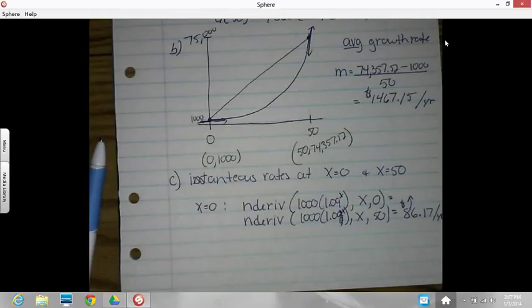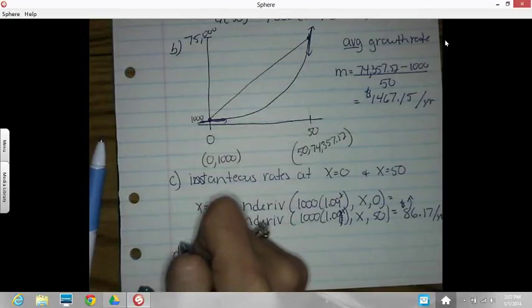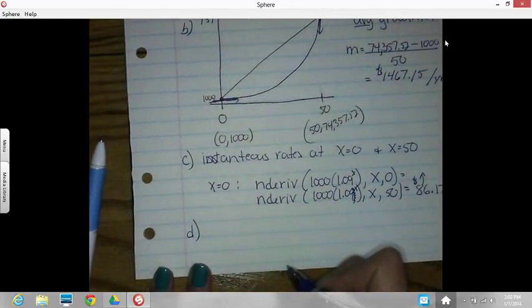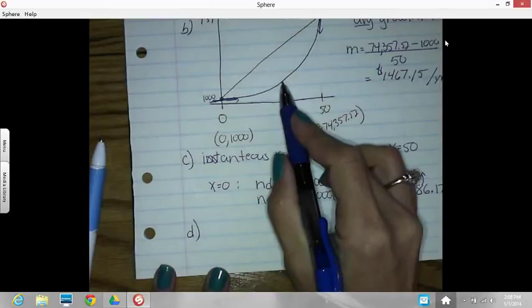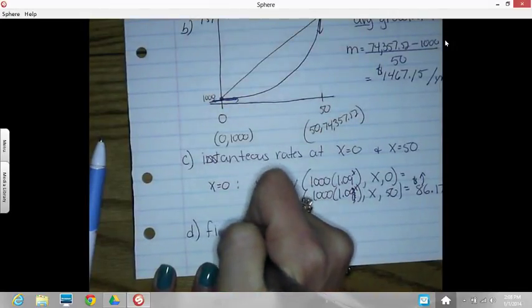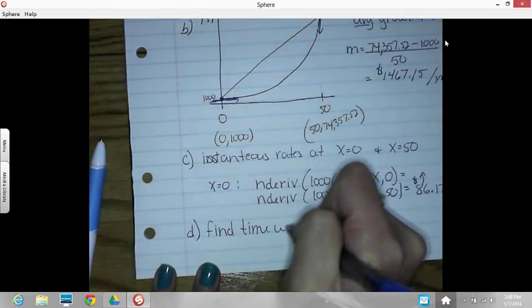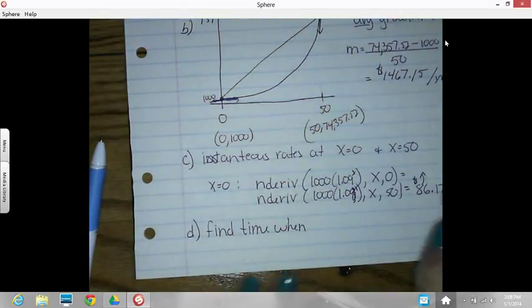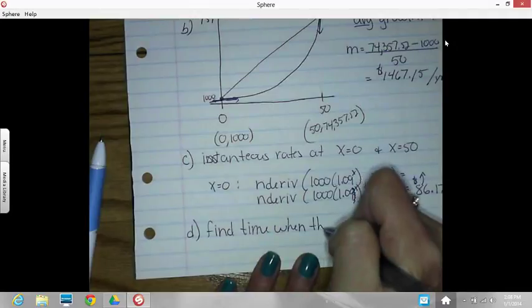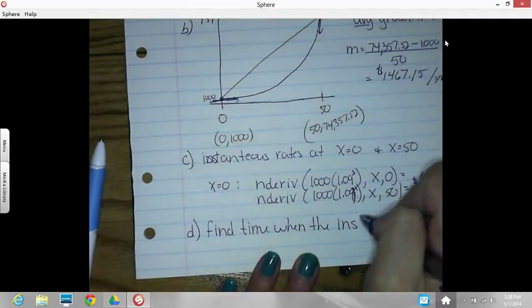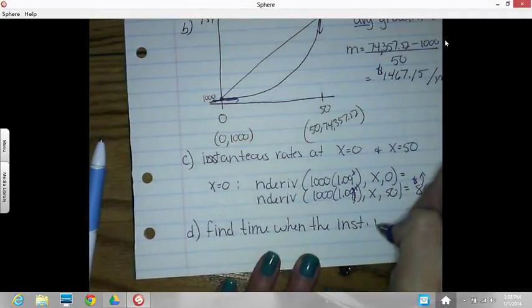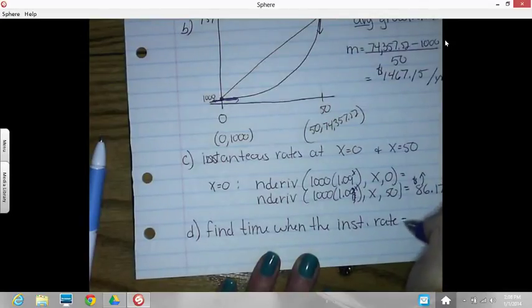And then our last question is to find the time when the instantaneous rate equals that average rate.